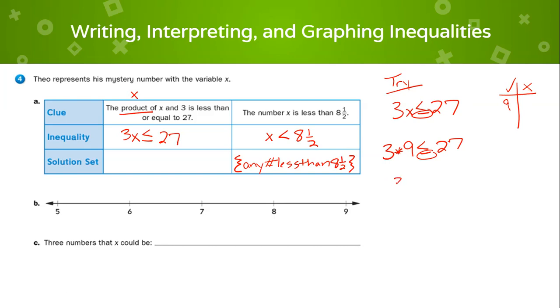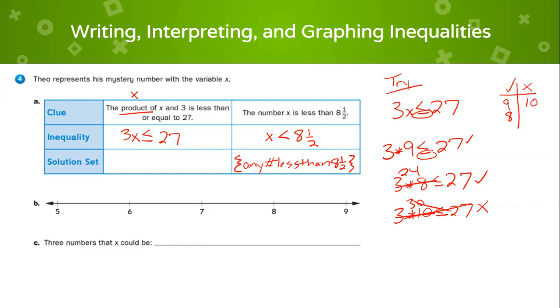Let's try a smaller number. 3 times 8 is less than or equal to 27. 3 times 8 is 24. So the number 8 works, okay? How about a larger number? 3 times 10 is less than or equal to 27. 3 times 10 is 30. This does not work.